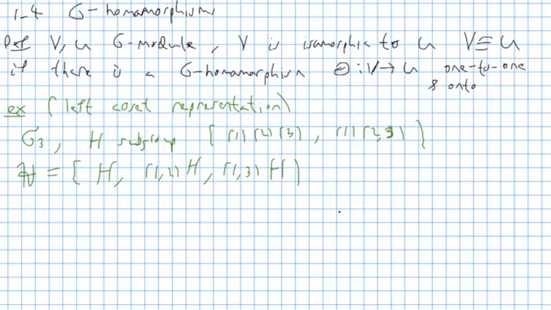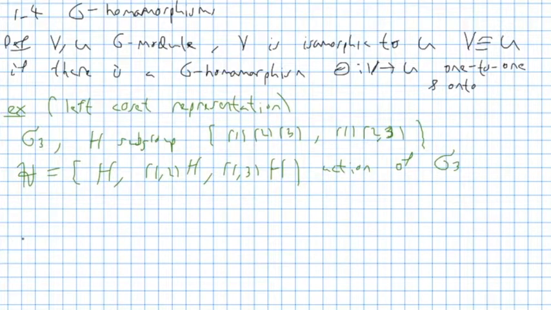These are representatives of the cosets. The subgroup has size 2, so there are 3 cosets, and they have a left action of S3.